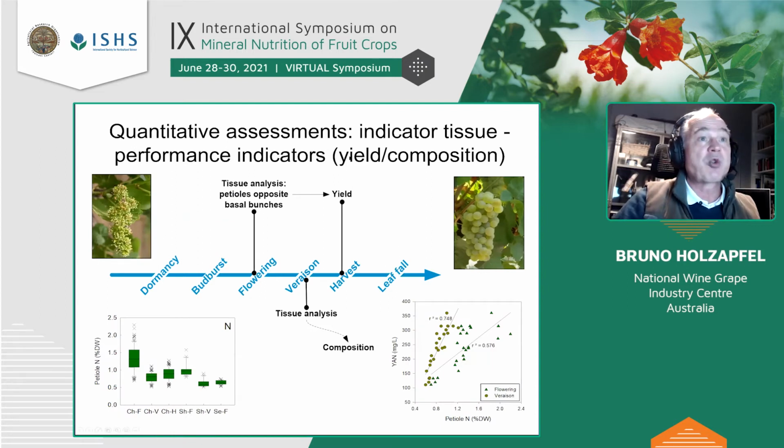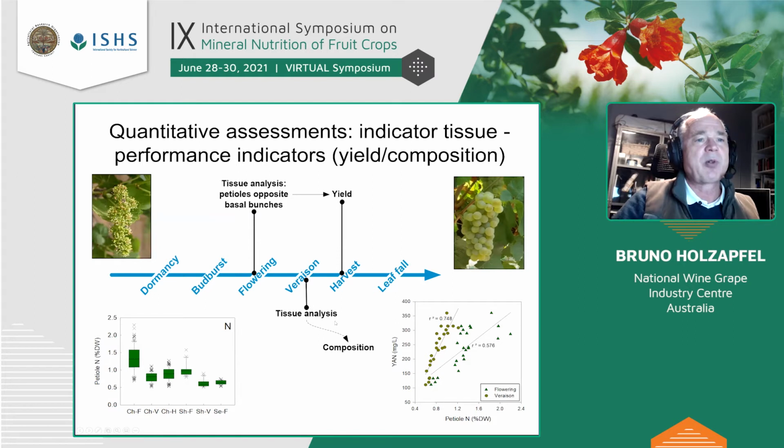So there are quantitative assessments. Commonly in Australia, we use tissue analysis, petiole levels at flowering, and we have certain ranges to where they should sit for optimal production levels. The ranges relate to yield. But then we can also do tissue analysis at veraison, petiole levels at veraison.